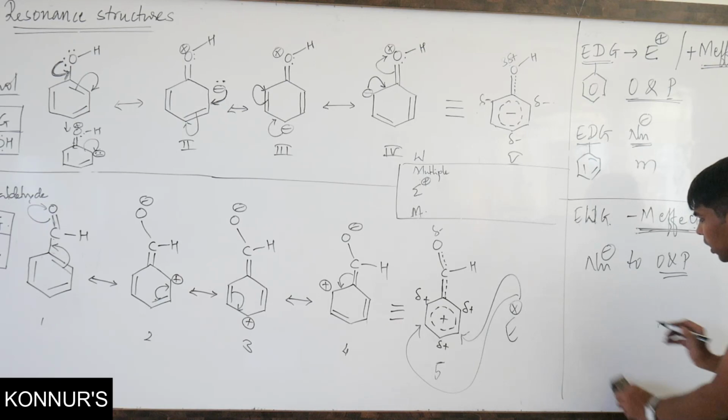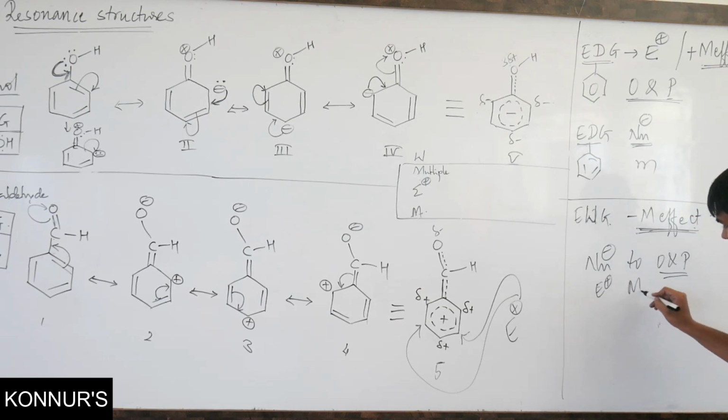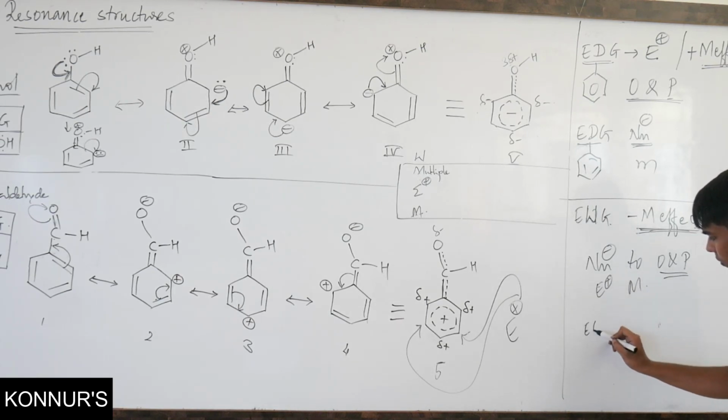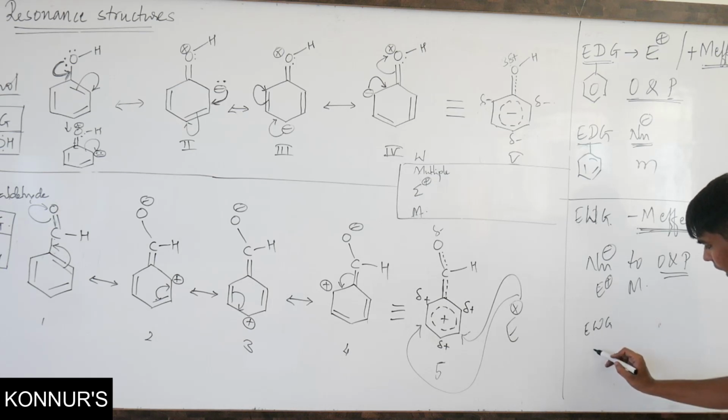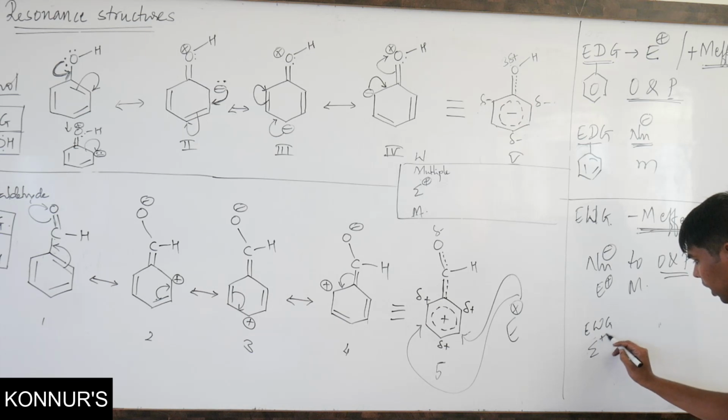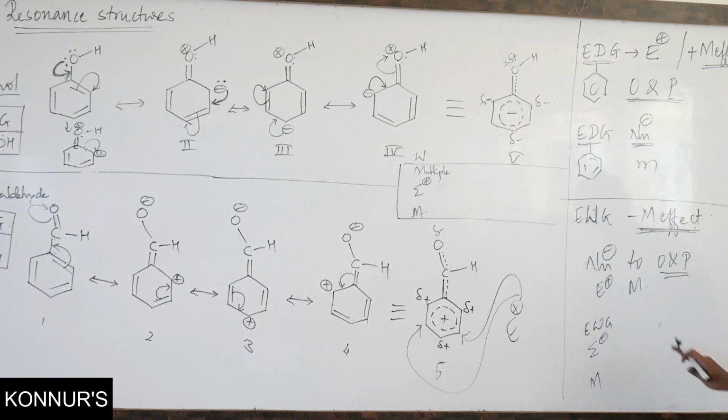So finally I will conclude here. An electron withdrawing group will direct the electrophile to the meta position, and the nucleophile to ortho and para position.